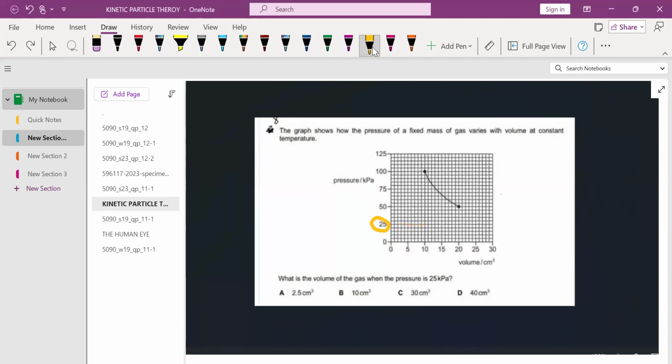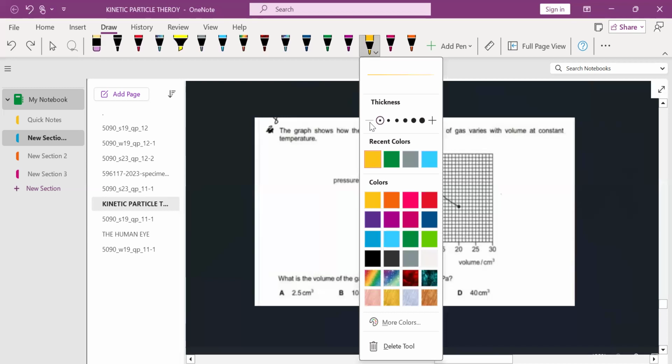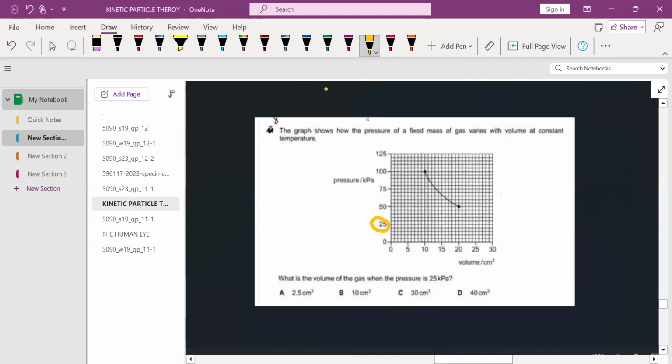Now, when you move here in the row of 25, my pen, I don't know why it is so thick. You need to find the volume when the pressure is 25. So the formula would be pressure is inversely proportional to the volume. And you need to find the volume when the temperature is constant.